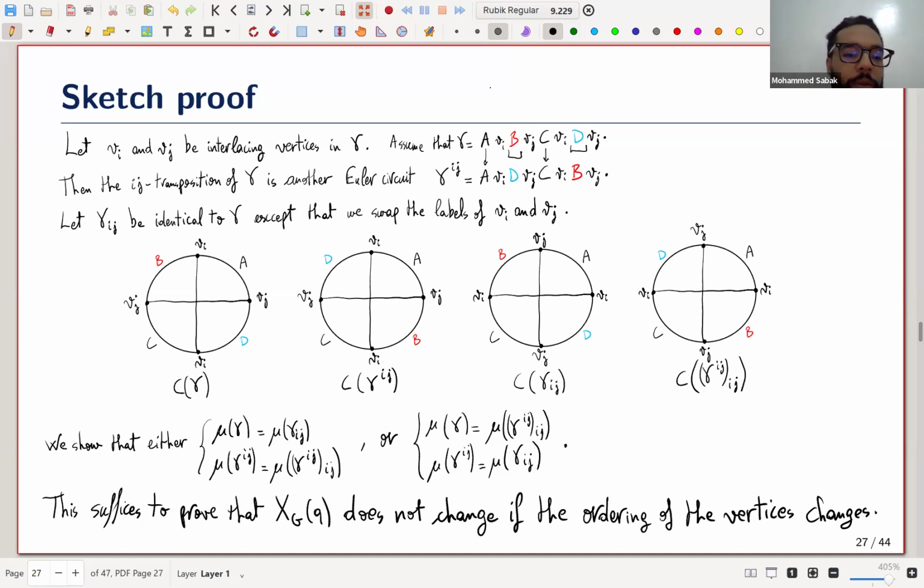We will denote by gamma index Ig the Euler circuit that is identical to gamma, except that we swap the labels of Vi and Vg. So here I have the general scheme. If we have the chord diagram of gamma, we have A here, then Vi, then B, then Vg, then C, then Vi, then D. Then we swap the places of B and D to get the transposition here.